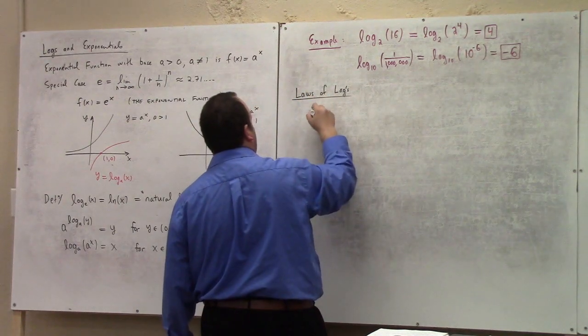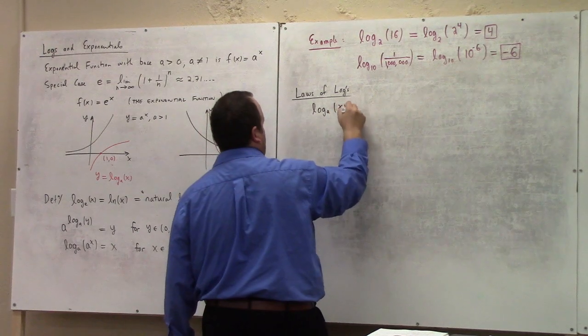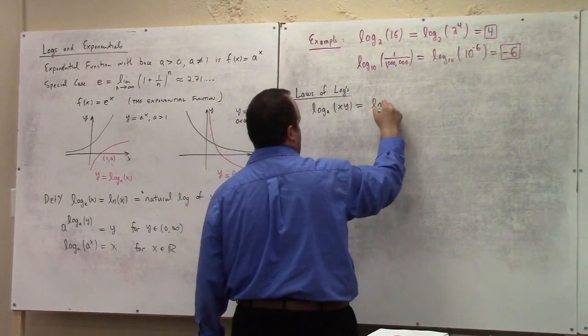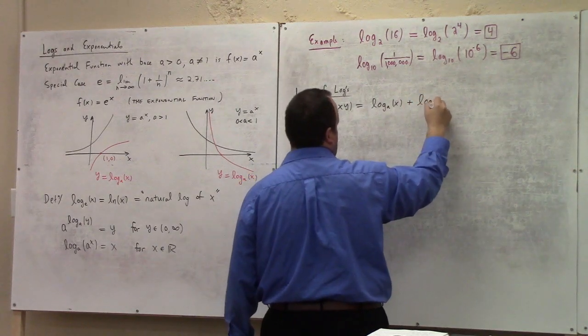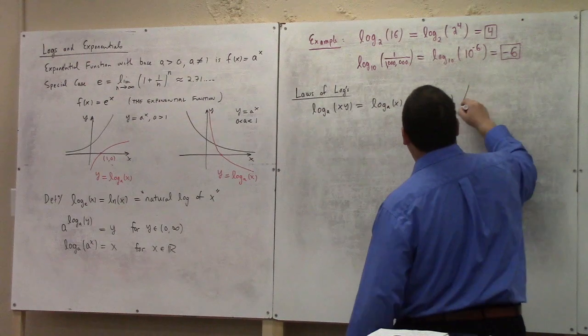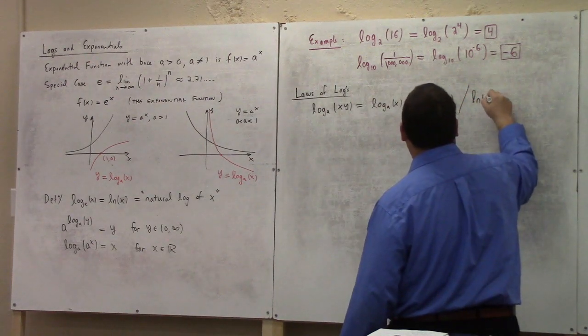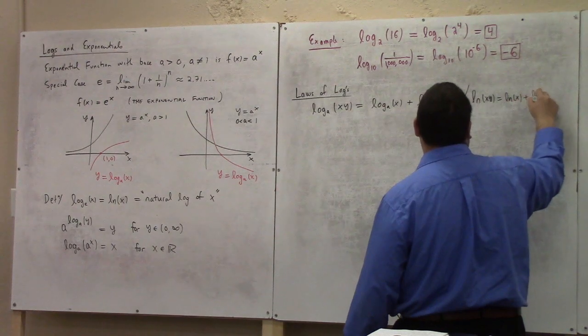The log base a of x times y is log base a of x plus log base a of y. Of course, you could equally well say these things for ln, right? ln of xy is ln x plus ln y.